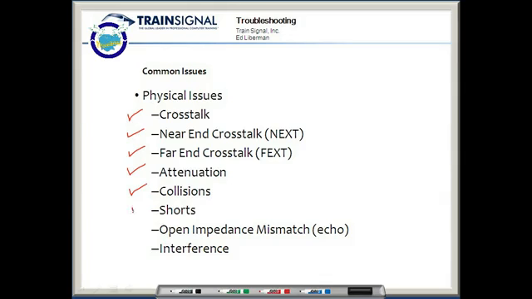Now here we have shorts. No, not the kind you wear on your legs, not the kind you wear in the summer or to the beach or wherever you want to wear your shorts. But we're talking about shorts in a cable. And it's just that. When you have copper cabling, you can have a short. Maybe you have an exposed area of wire and then something else is touching that wire.